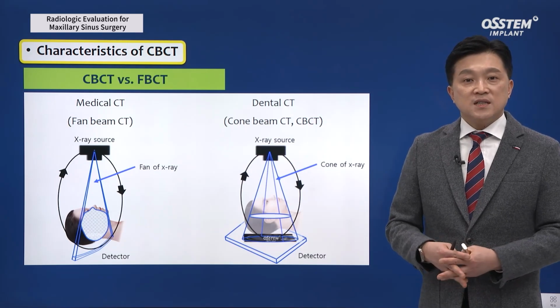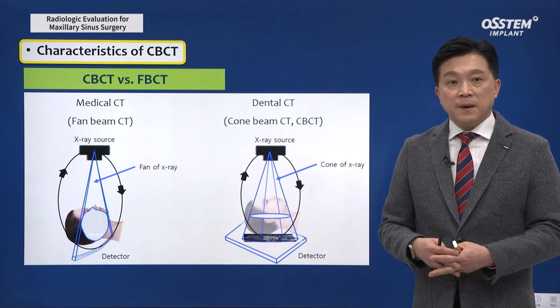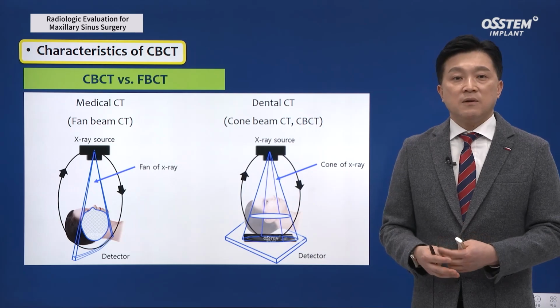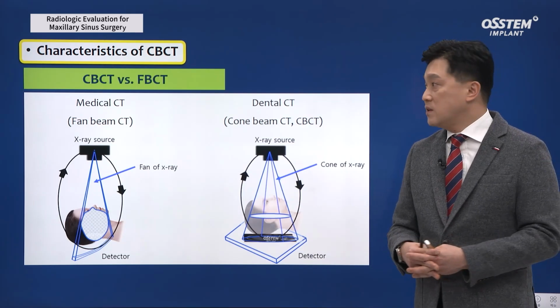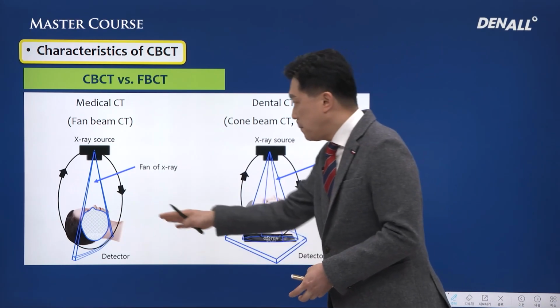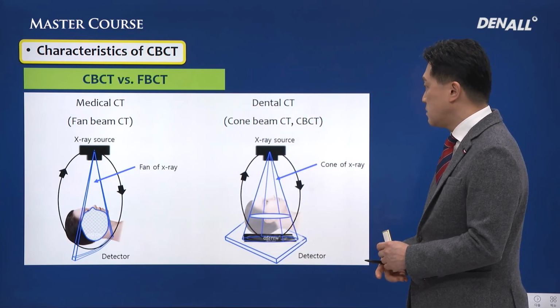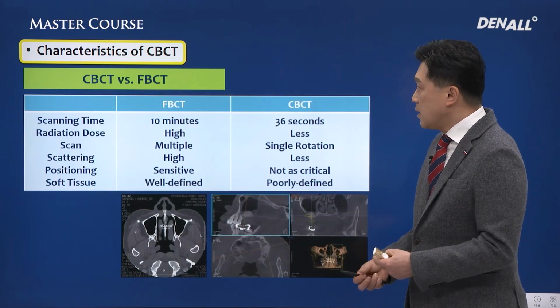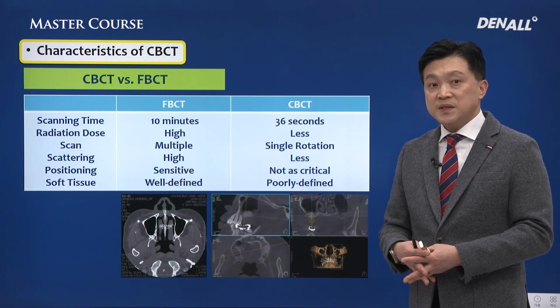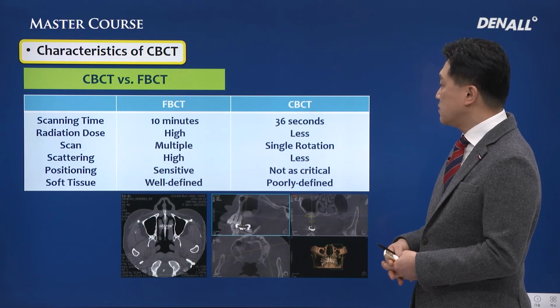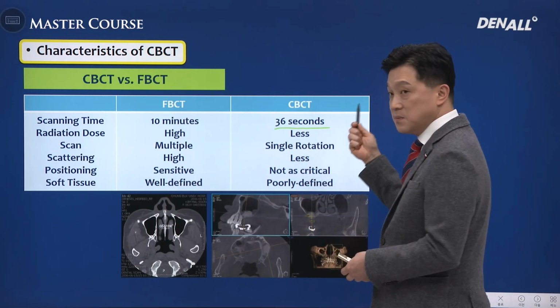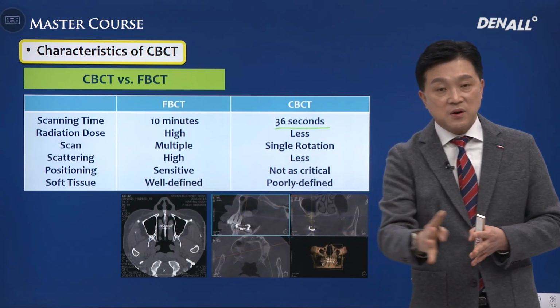There's two types of CT. Fan beam CT is used in medical field and cone beam CT is used in dental field. Depending on the shape of the beam, it may be fan beam CT or cone beam CT. When we compare between the two, the scanning time is much less compared with FBCT.